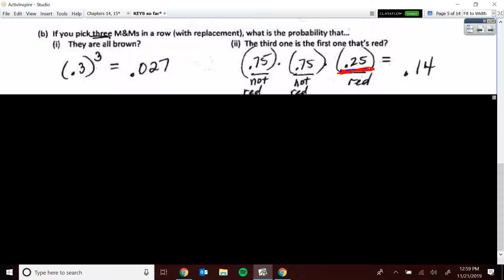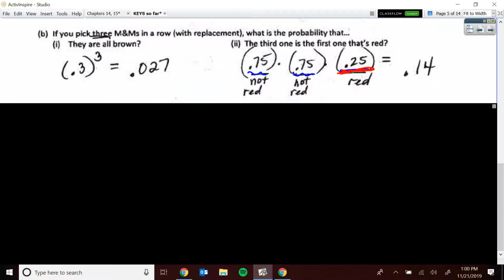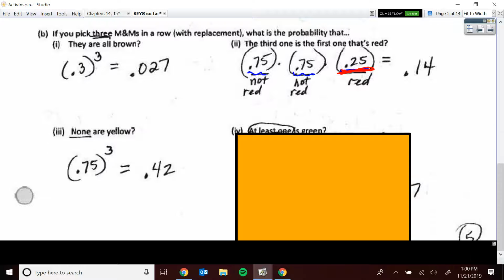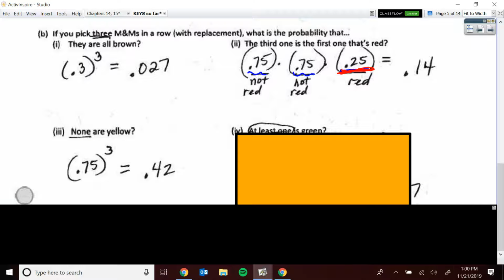And remember, this second one here is a very common way this is said and written, and you need to understand this language. The third one is the first one that is red. So that's saying not red, and then bam, red.